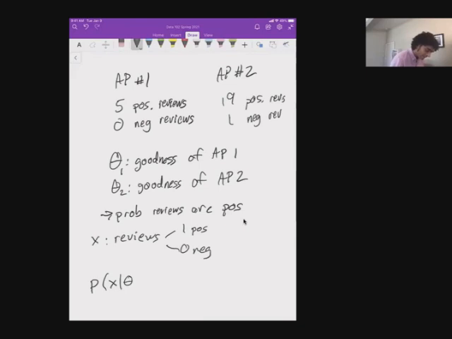So probability of X given theta. If we know how good the air purifier is, the probability that it'll generate a positive review, if we know theta, then the probability of getting a particular X is theta if X equals 1, and 1 minus theta if X equals 0.